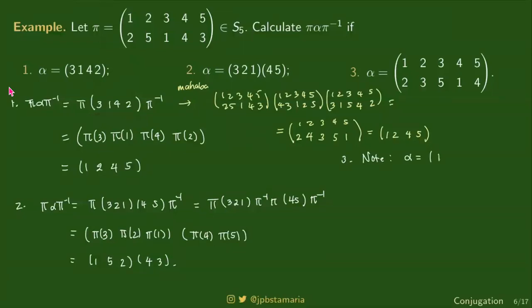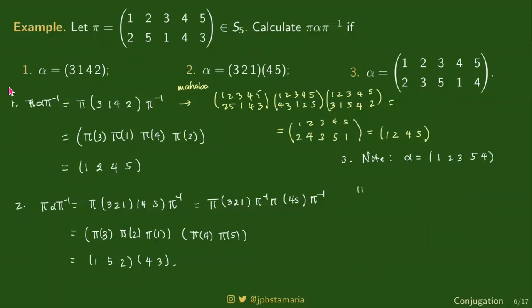1, 2, 3, 5, 4. Kasi ang 4 babalik na sa 1. No? So basically, alpha is a 5 cycle pala. Di ba? Yeah. So because alpha is a 5 cycle, its conjugate by pi is also a 5 cycle.